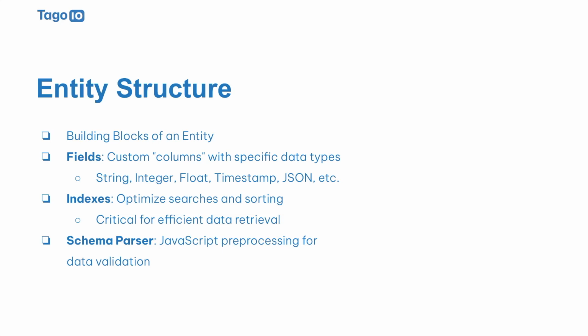So if you have a specific phone number format, or you want to validate mail format, you can do all this using the schema parser. And it's going to work for both the dashboards, when you try to create something using a dashboard, or when you try to use the API or the analysis to insert the data. And you can customize the error messages as well.